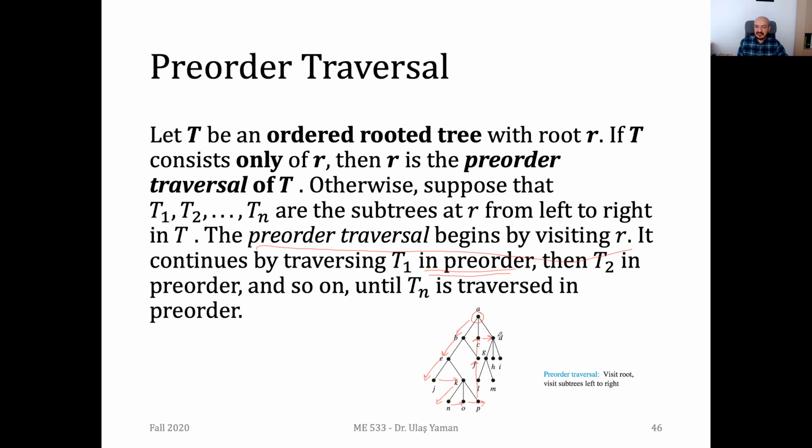D has some children, so I will start visiting T1 and T1 of G. L is already visited. Now we don't have anything underneath, so I need to visit the sibling of L, which is M here. Then I will go back since we don't have anything underneath again, nor do we have T3 of G.